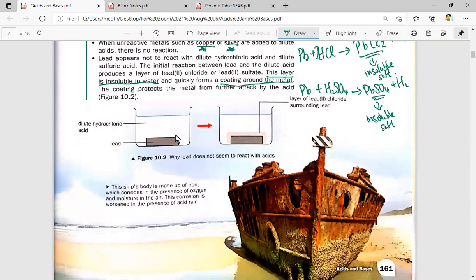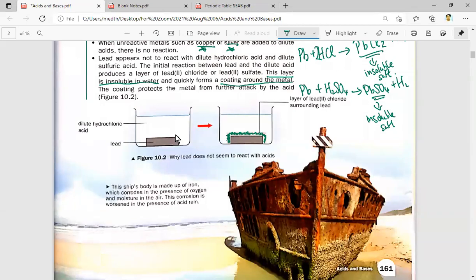Lead with dilute hydrochloric acid, when it reacts, forms this layer around the lead itself. When this layer of lead chloride is formed around the lead, the acid can no longer react with the lead metal. As such, the reaction stops.